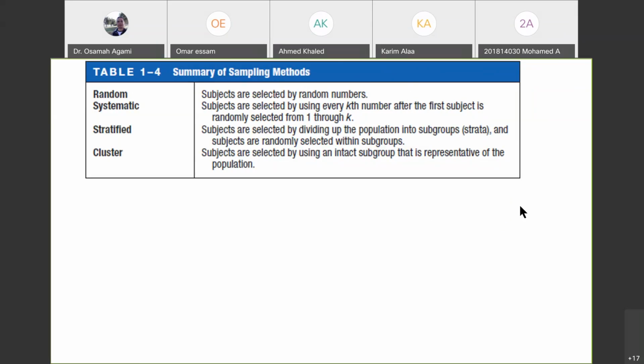the type of sample. If I'm asking you to take a sample of the university, Fujairah University of Science and Technology, you will first ask me what the colleges in the university are, right?